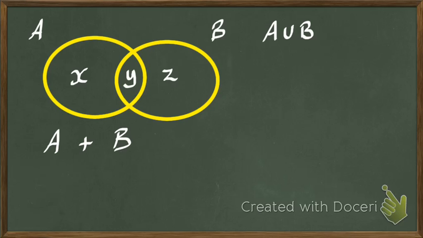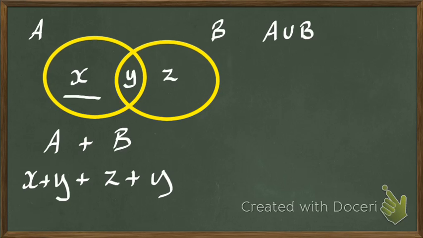So A is X plus Y, and B is Z plus Y. But I know that the total area, if you like, that space occupied in the set is X, Y and Z. But I've already got 2 Y's in here. How do I get rid of that?